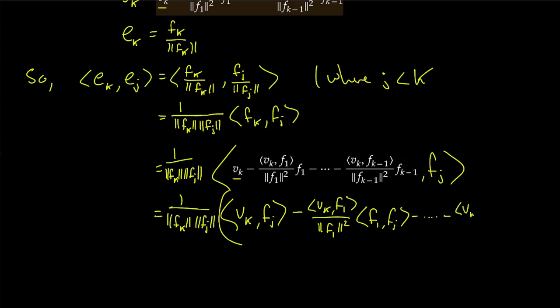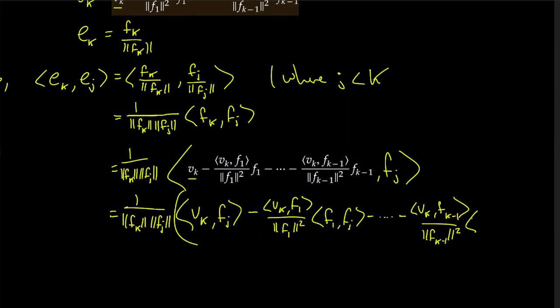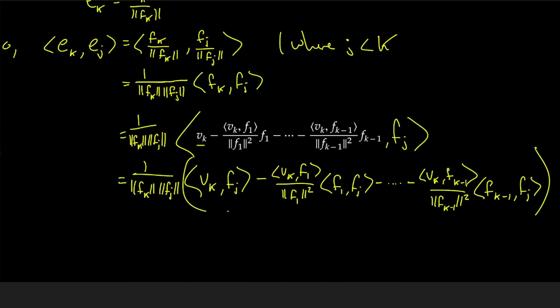Then I just take that piece out yet again, VK, FK minus 1, inner product over norm FK minus 1 squared. And this is all multiplied by the inner product of FK minus 1 with FJ. And that's still all in parentheses.